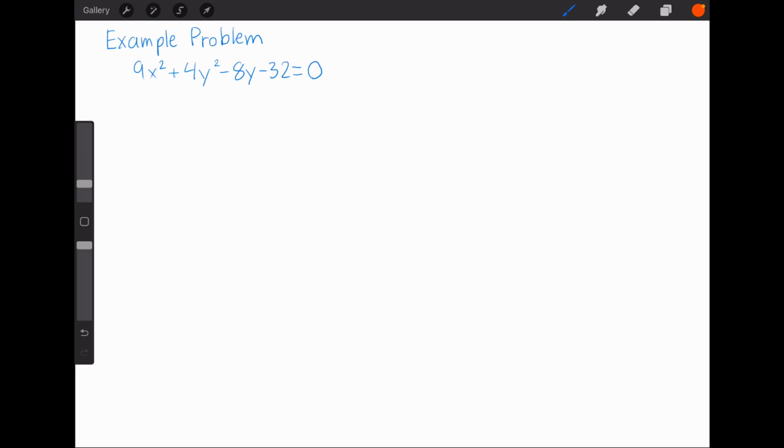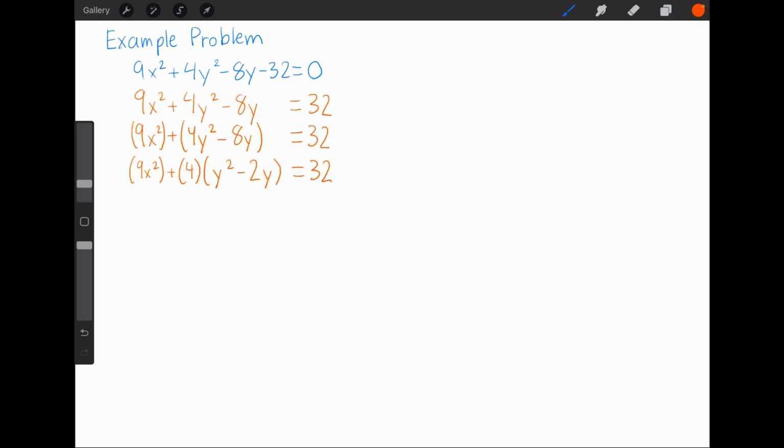In this example, we are told to transform the equation 9x squared plus 4y squared minus 8y minus 32 equals 0 into the standard form of an ellipse. Let us do that. Now for my fourth step, I'm going to complete the square for the y terms inside the parentheses.